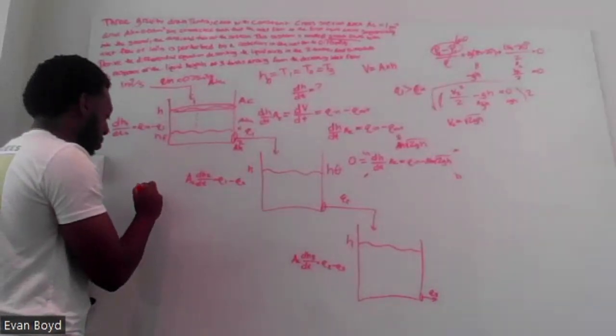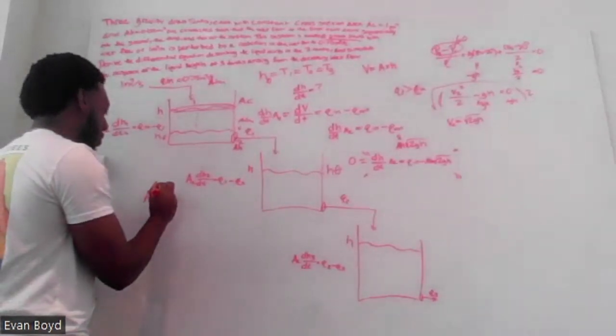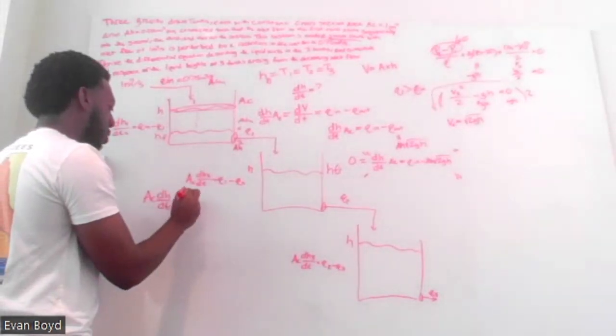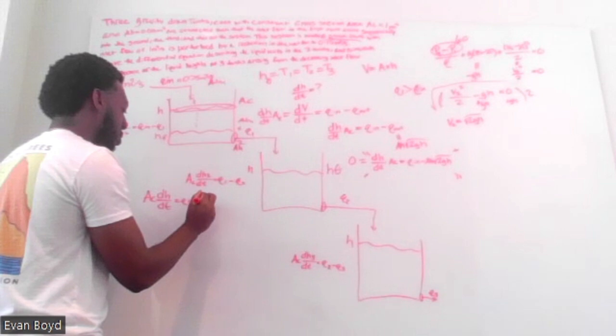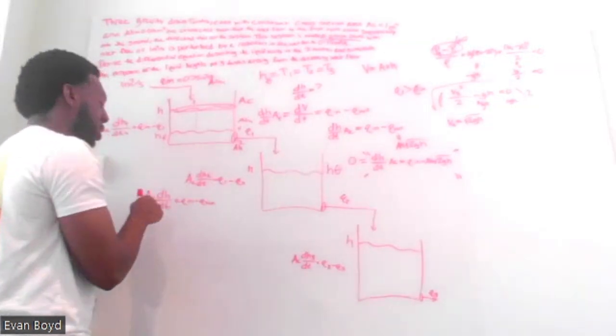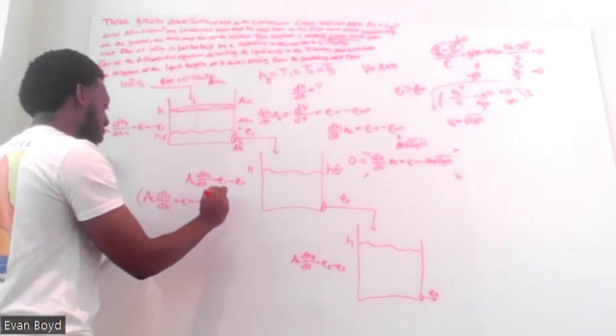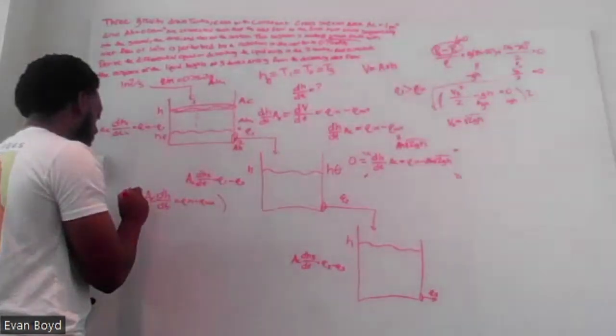So AC times dH over dt is equal to Q in minus Q out. You want dH over dt by itself, so you need to divide both sides by AC.